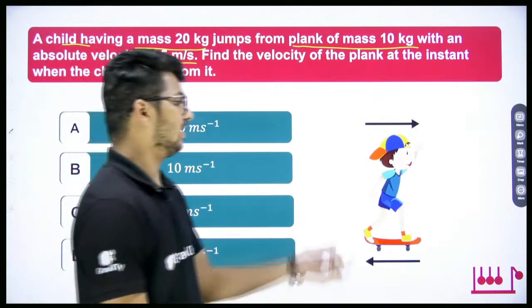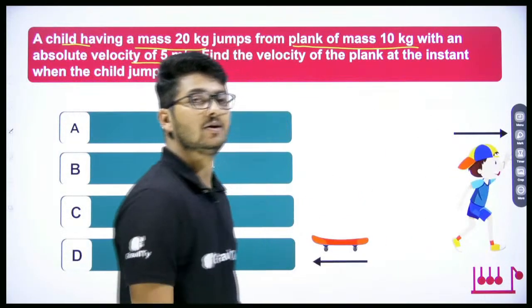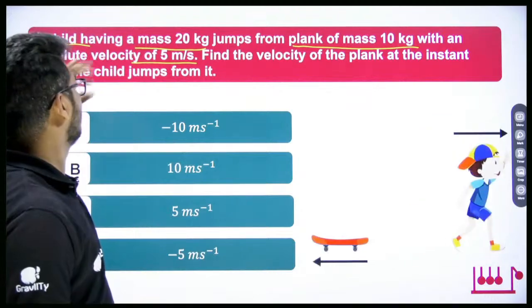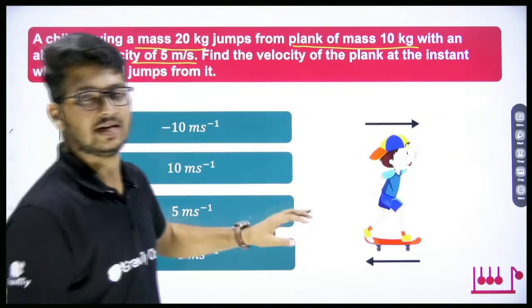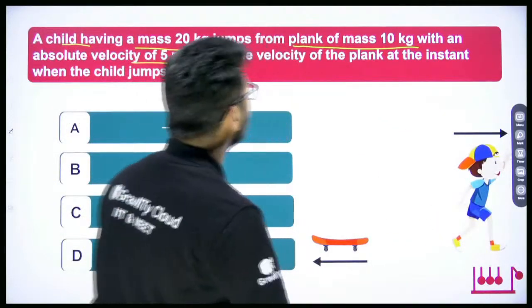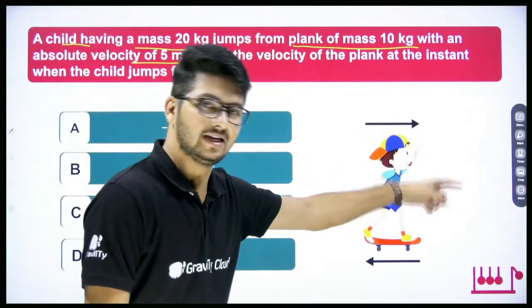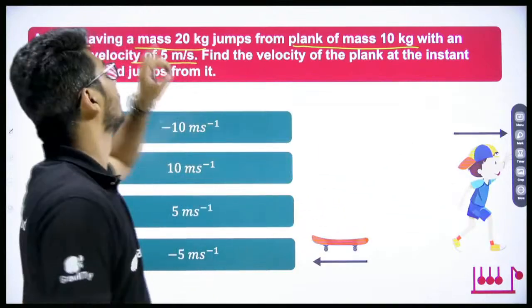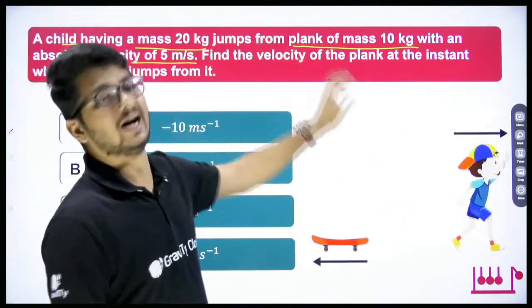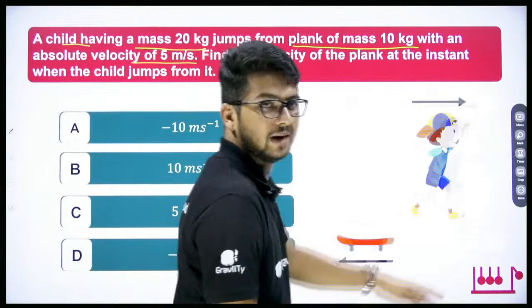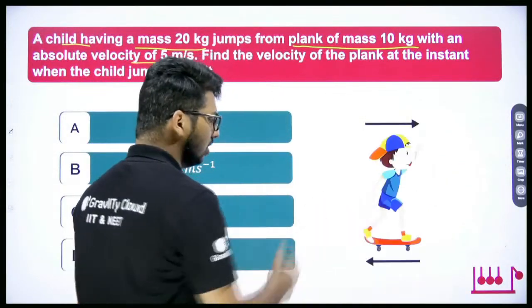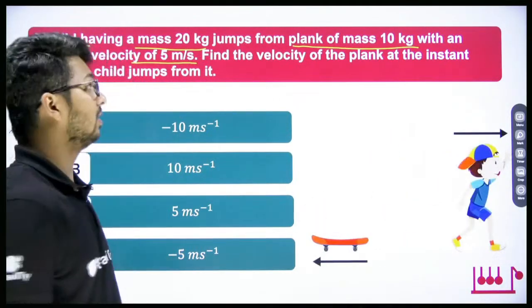So there are two bodies here. One is the kid and the other is the skateboard. Here in the question, the plank you can imagine as the skateboard. So coming back, a child having a mass 20 kilogram, the kid has a mass 20 kilogram, jumps from a plank of mass 10 kilogram. What is the mass of the skateboard or the plank? 10 kilograms.